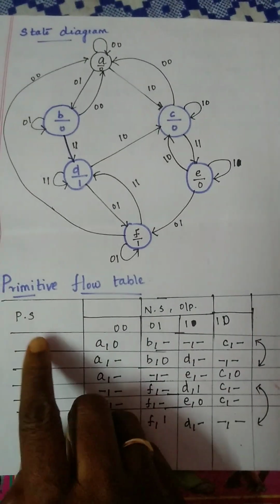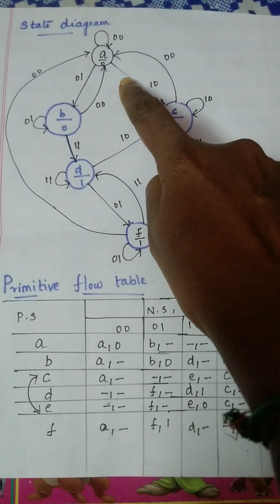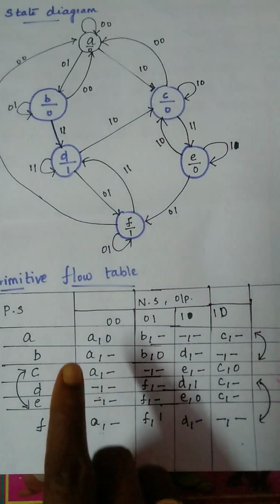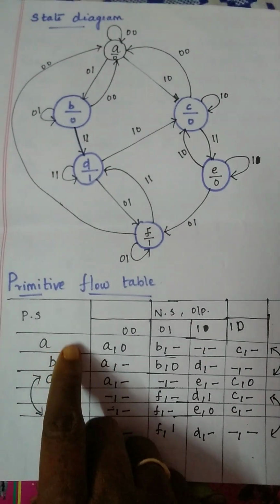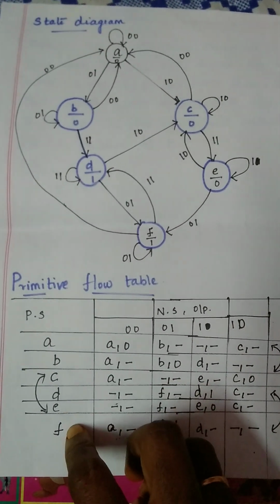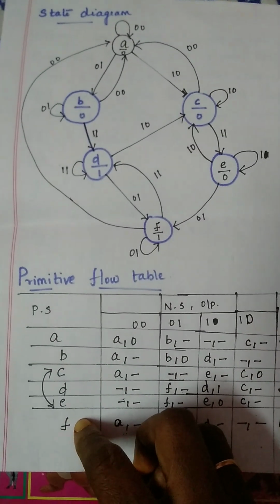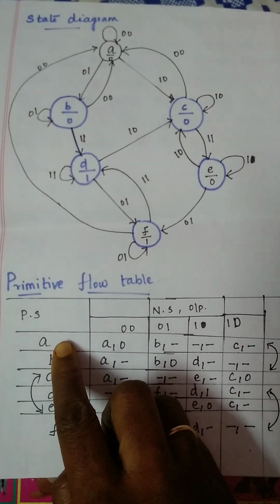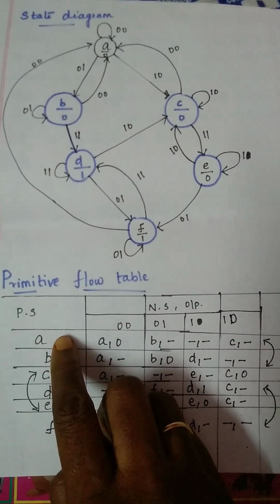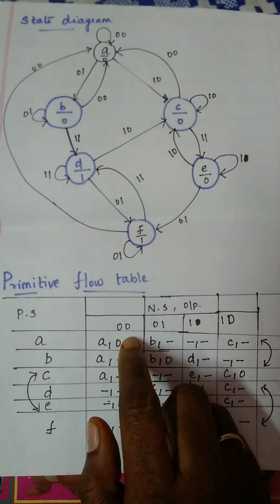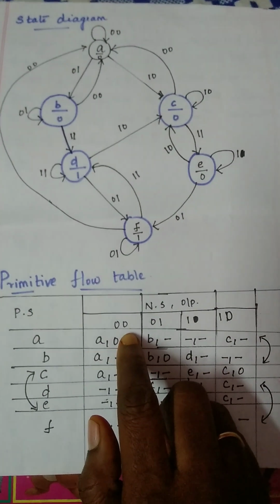As usual, you know the state diagram. It can be written in the same state. If you see the present state, already we have written all the state variables. If A is retaining in the same state, then that will be called the stable state.